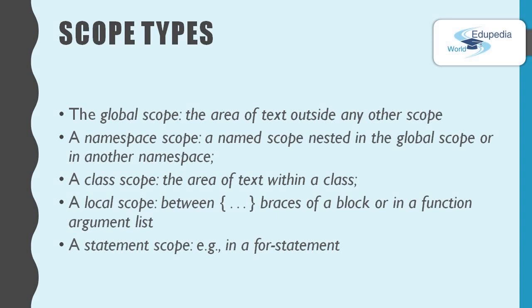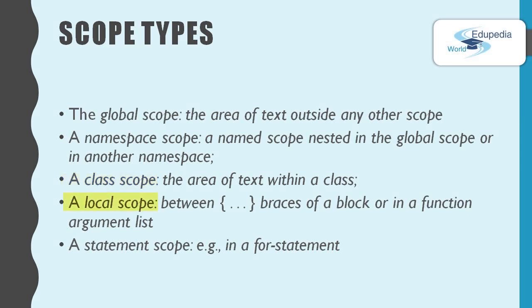There are several kinds of scopes that we use to control where our names can be used. The first one is the global scope. It is the area of text outside any other scope. The second one is a namespace scope, a named scope nested in the global scope or in another namespace. The third one is a class scope. It is the area of text within a class.